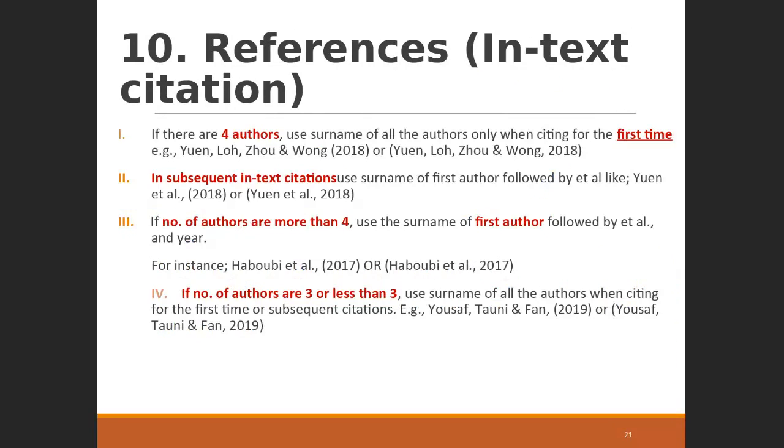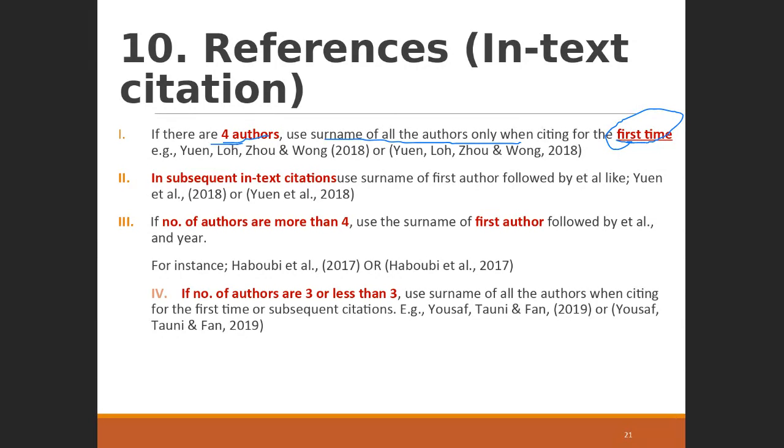Another thing you need to focus on is how to make in-text citations when your number of authors is different. If four authors have written a research paper and you want to cite it in the body of your research report, use the surname of all the authors only when citing for the first time.